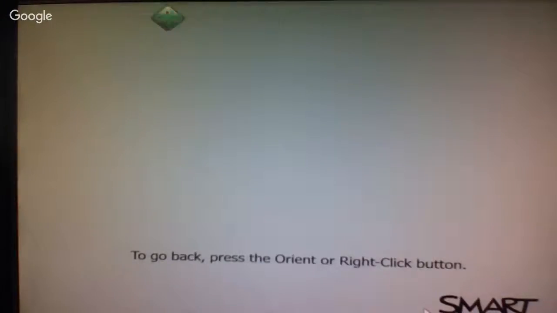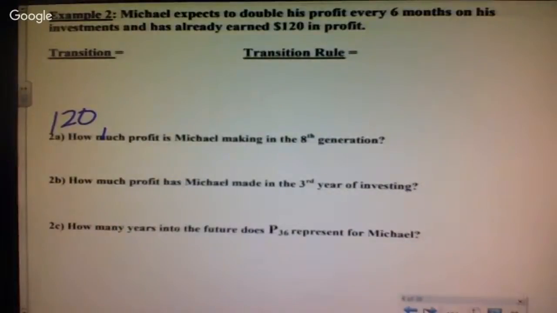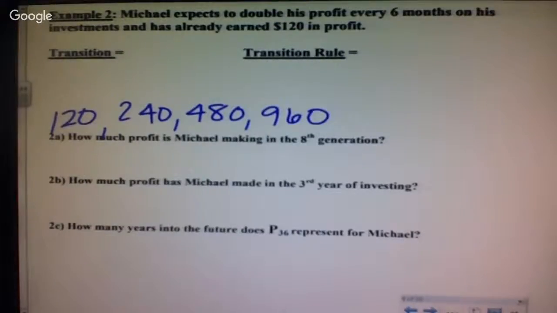So his next number is 240. His next number is 480. His next number is 960. And it's going to keep going on and on.